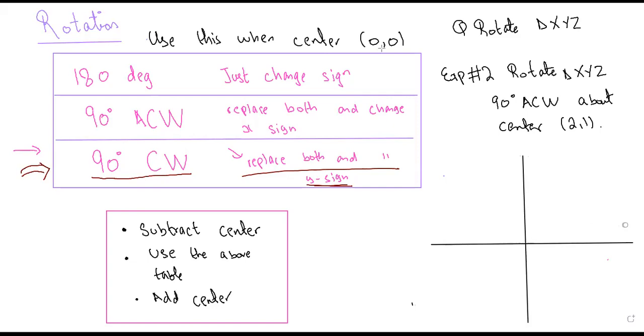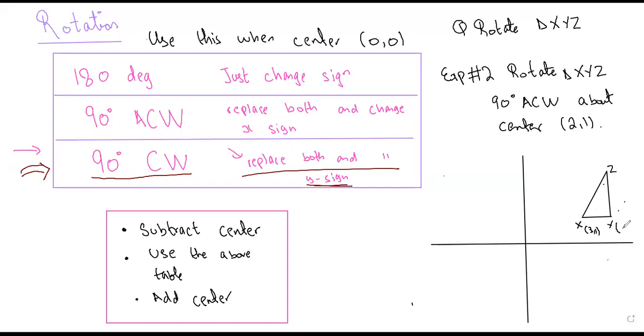All right. So let me make the triangle now. It's here. This is the base. This is the triangle X, Y, and Z. The coordinates are 3, 1.